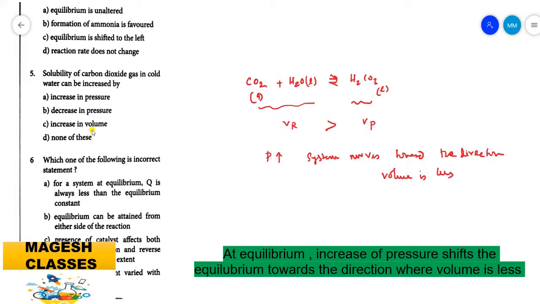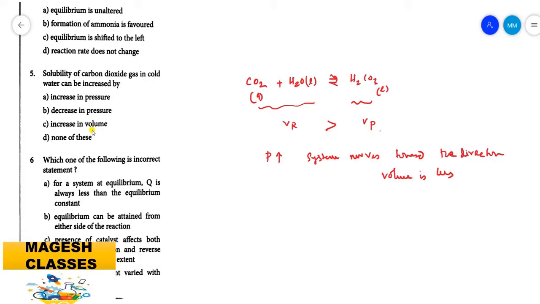So as P increases, the equilibrium shifts towards the direction where the volume is less. In this reaction, the product side has less volume. So applying pressure, what happens? The reaction is shifted towards the right hand side.